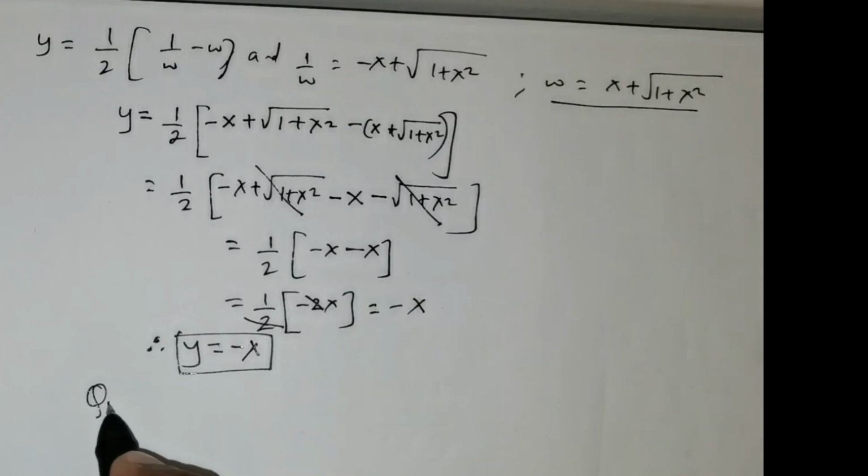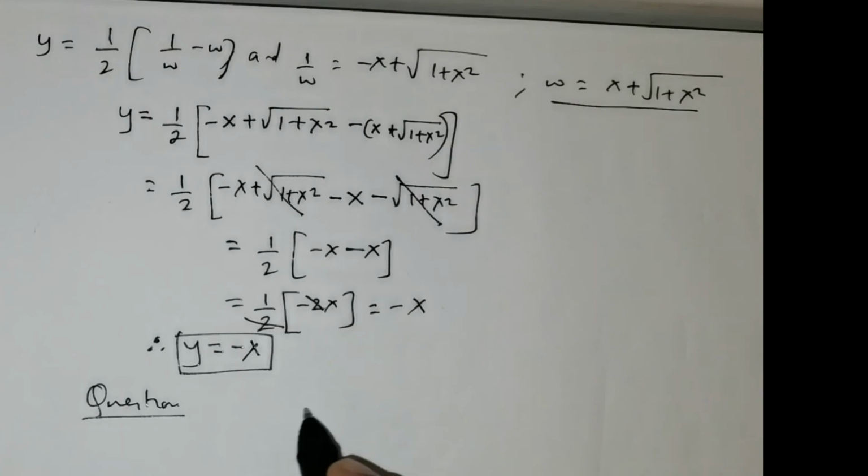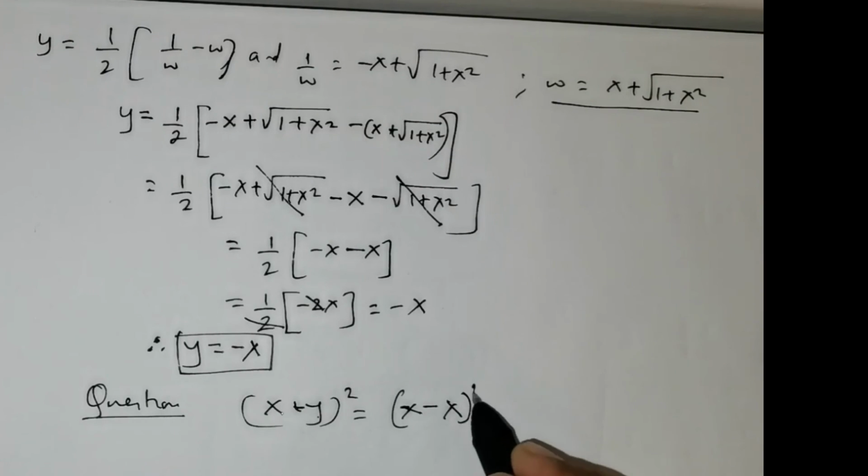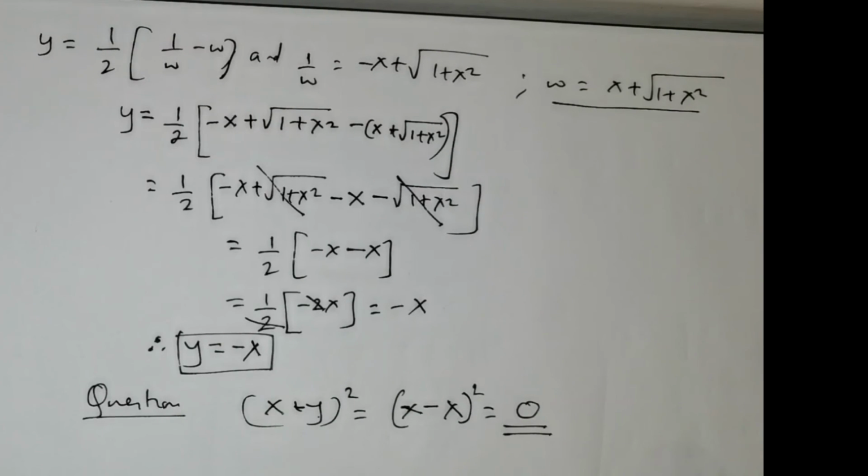Now, the question wanted us to find the value of x + y raised to the power 2. But I know the value of y to be −x. So we substitute the y value there, and I now have (x − x) raised to the power 2, which is nothing but 0. So this is the solution for the question.